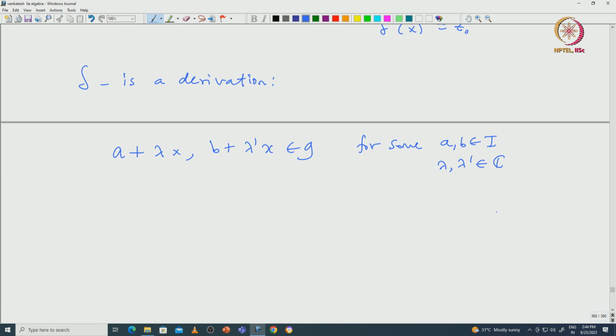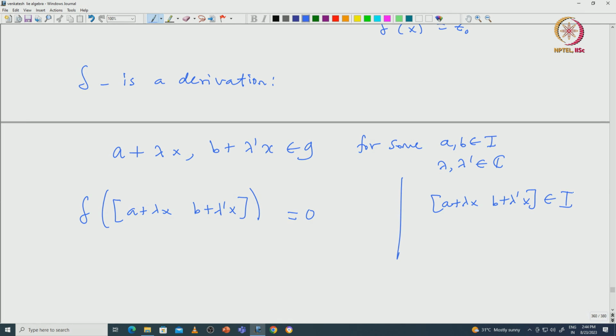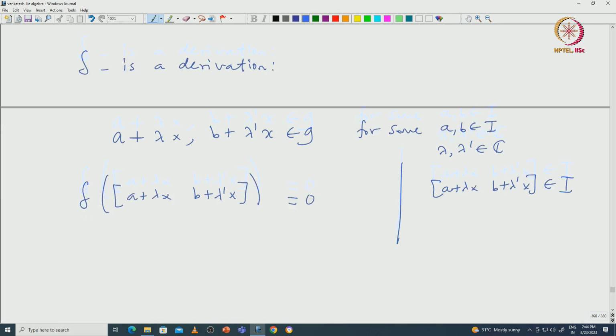Then if you compute delta of the bracket of a plus lambda x and b plus lambda dash x, you can see that this has to be equal to 0. Why? Because this bracket of a plus lambda x and b plus lambda dash x will lie inside your ideal I. So, by definition you get 0.